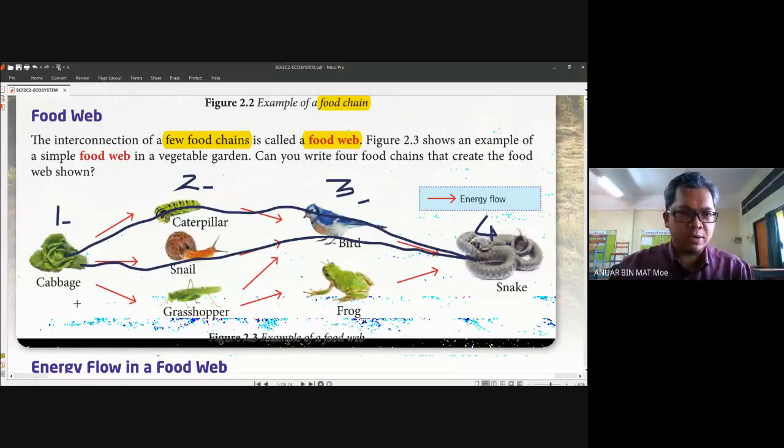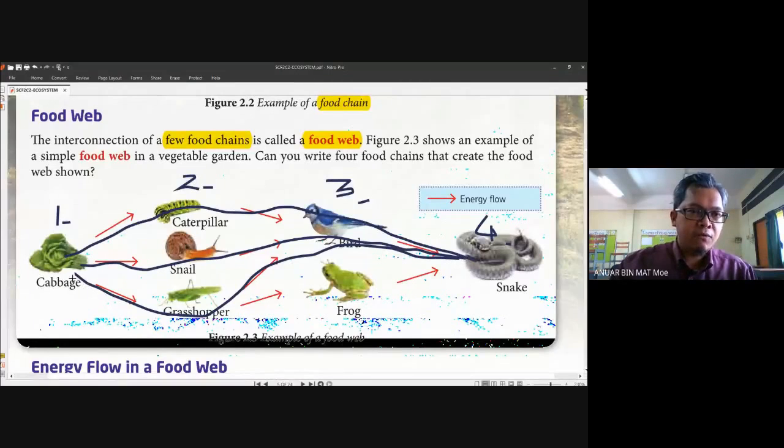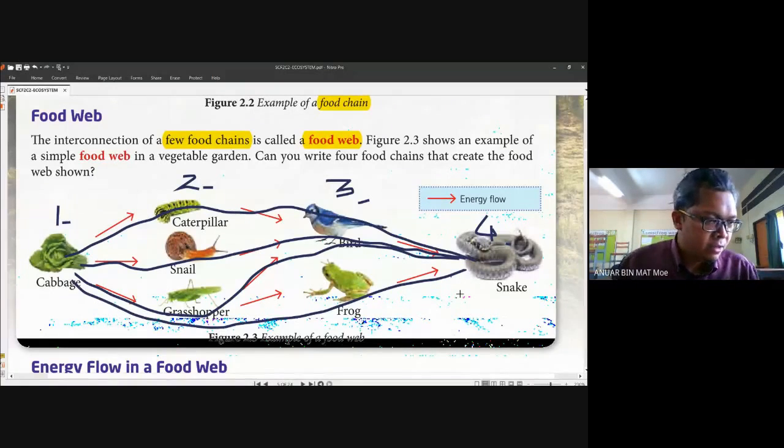That is the second one. Number 3 is cabbage, grasshopper, birds, and snake. And then number 4, cabbage, grasshopper, frog, and snake. So you're correct. There are 4 food chains in the food web.